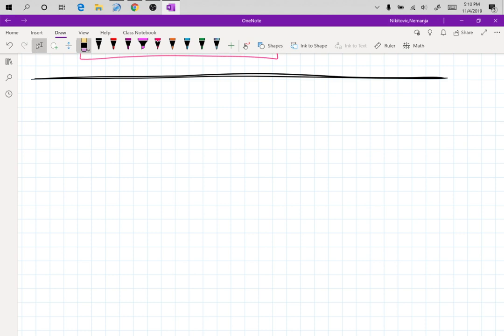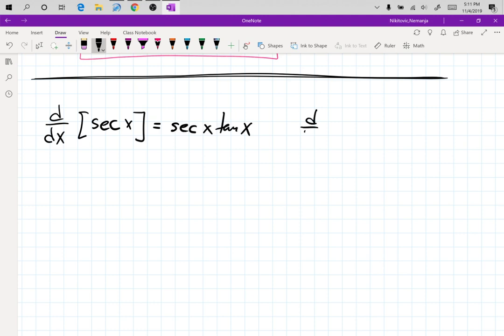If you take a look at, let's say, the derivative of secant x, it is secant x tangent x. Well, the derivative of cosecant x was negative cosecant x cotangent x. So these two are symmetrical.